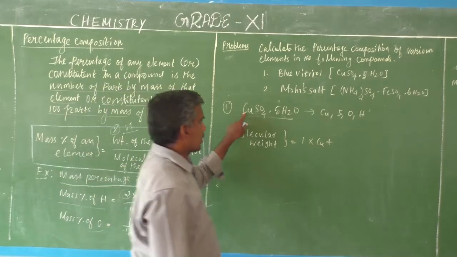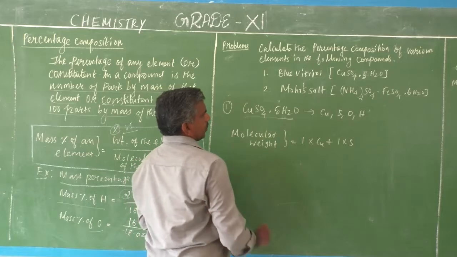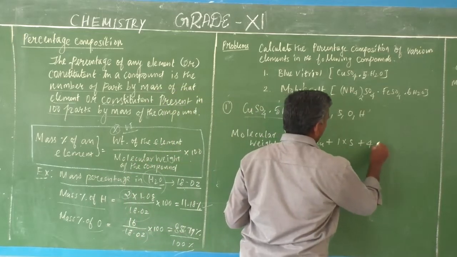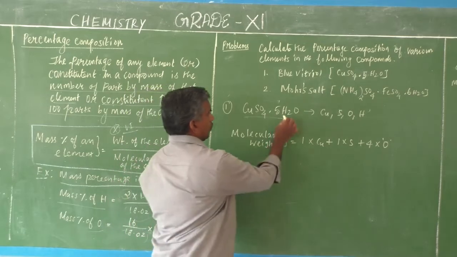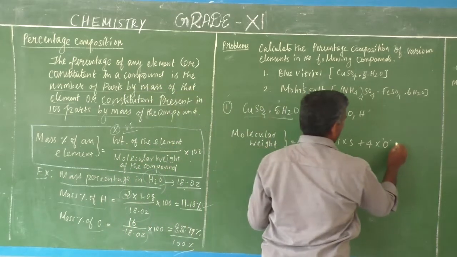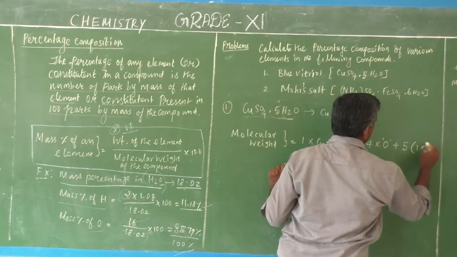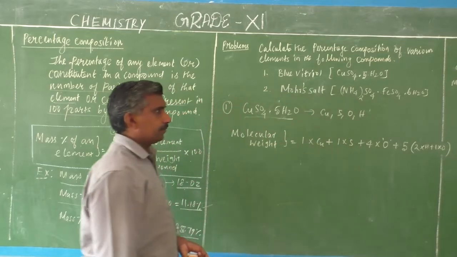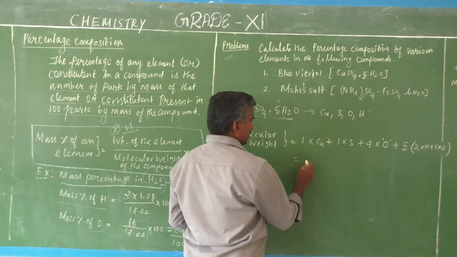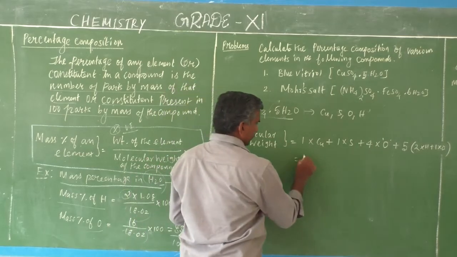So the copper mass, then 1 sulfur, plus 4 oxygen. Four oxygen are present. Now the 5 water molecules: plus 5 into (2 hydrogen plus 1 oxygen). The copper mass is 63.5.